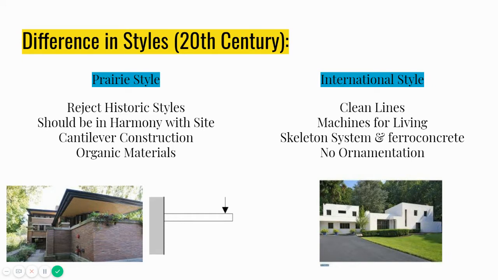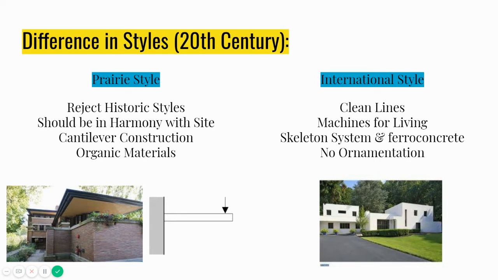They are looked at as more of a machine; they're actually called machines for living. So they have that cold industrial look to them. They're completely minimalistic, completely about clean lines, usually zero ornamentation. And when I say ornamentation, I mean very rarely are they even painted. They're usually just blank white from the concrete.